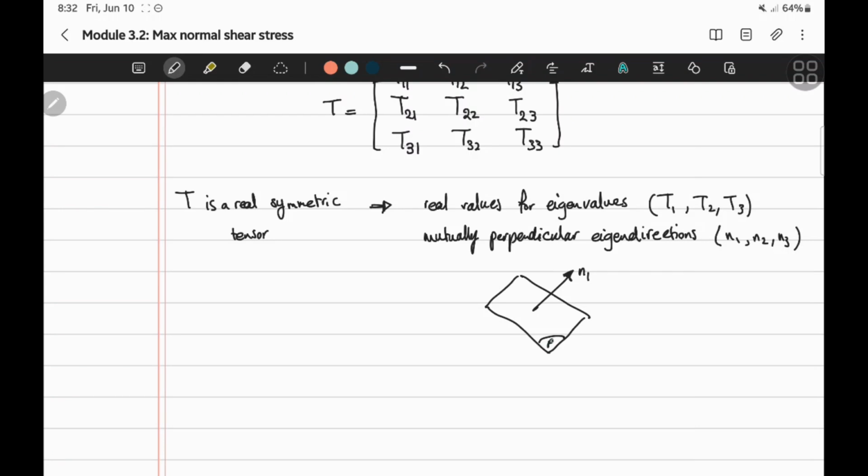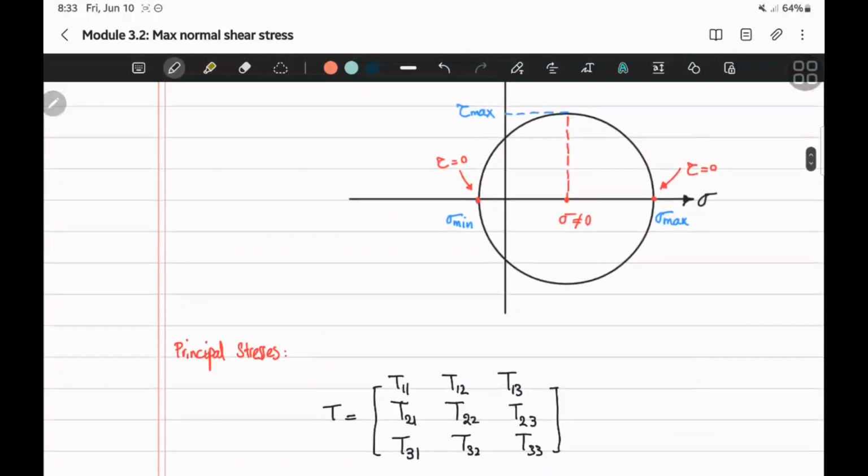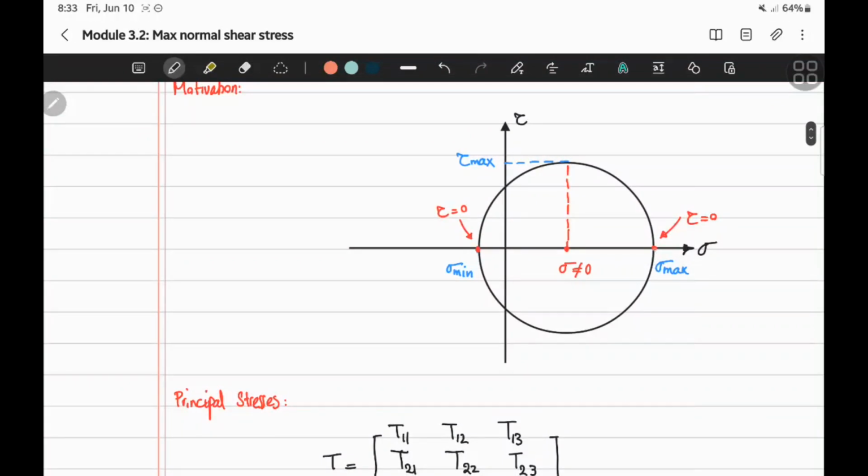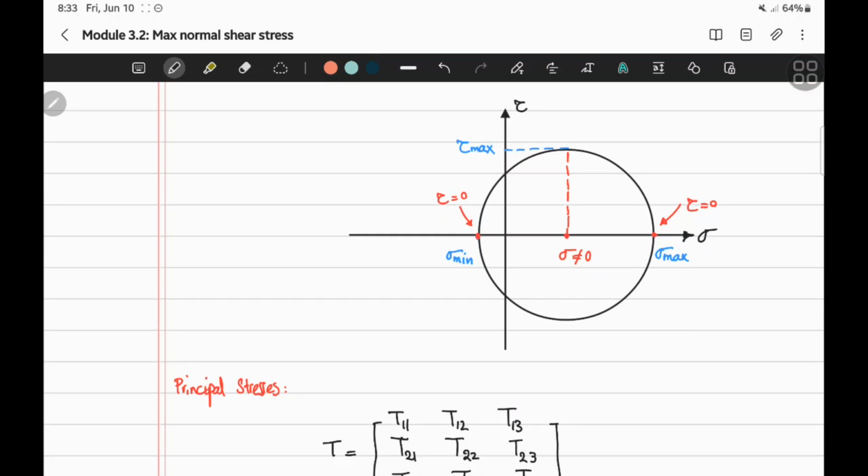and you take out these three values, T1, T2, and T3, and you finally write T as T1, T2, and then T3. So the shear stresses are totally zero. This is the same as we had in the motivation part, that shear stresses are zero.